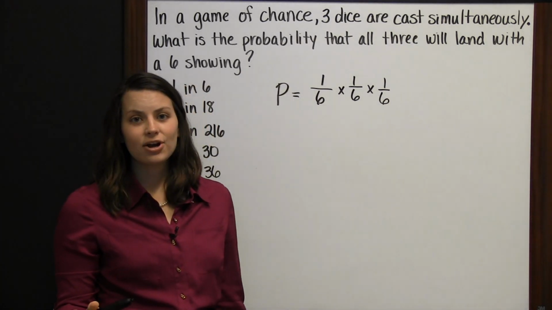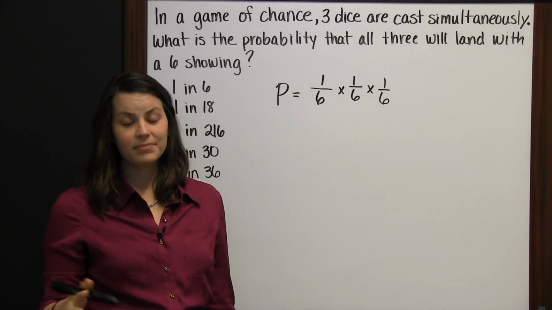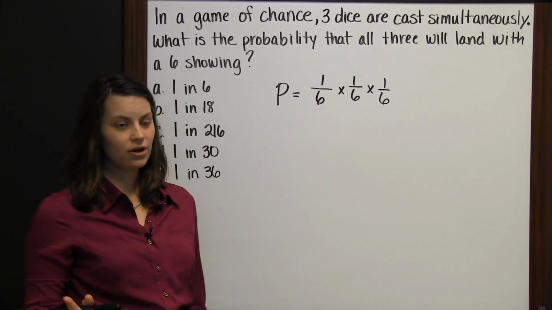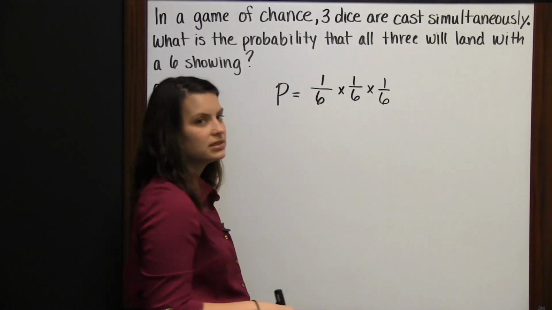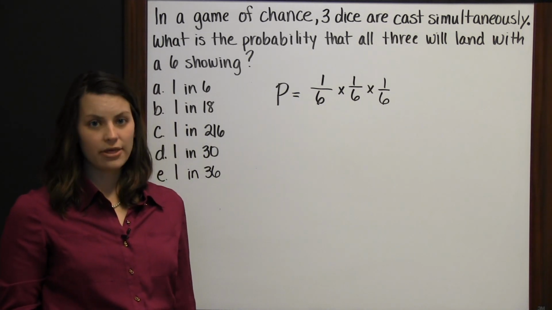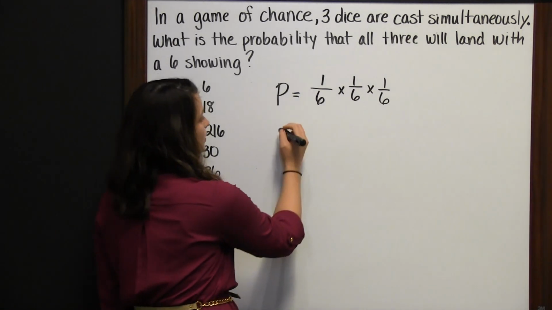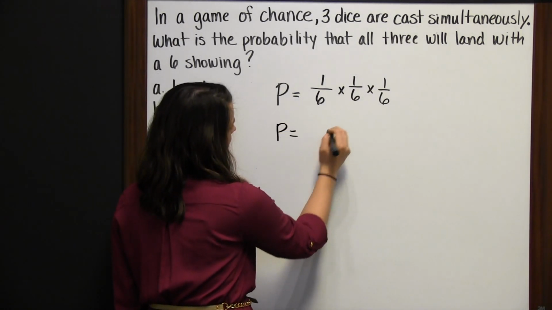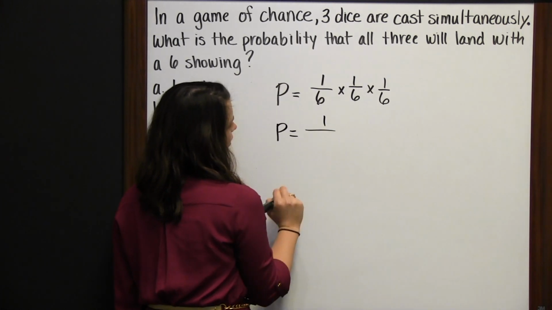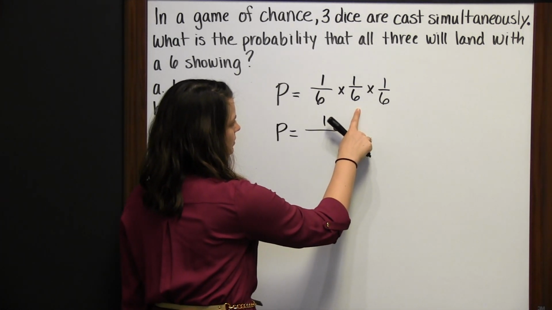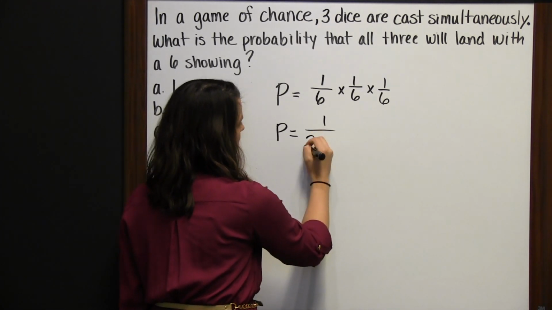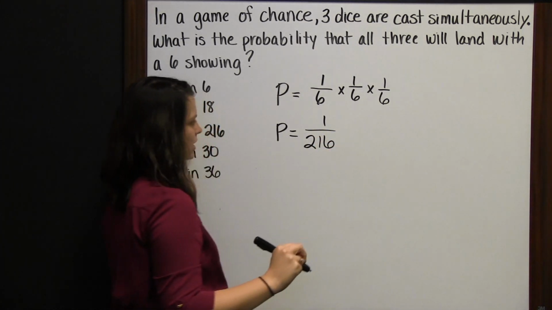All of these events are independent of each other, meaning they don't affect each other, which is why we just multiply the 3 probabilities of the 3 dice together. So that means that the probability is 1 out of 6 times 6 is 36, times 6 is 216.